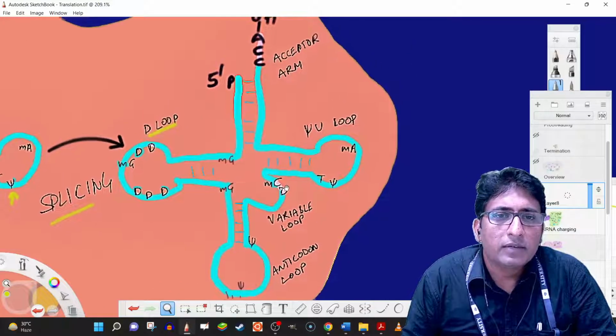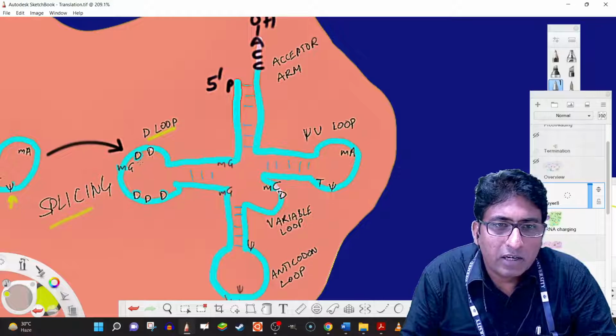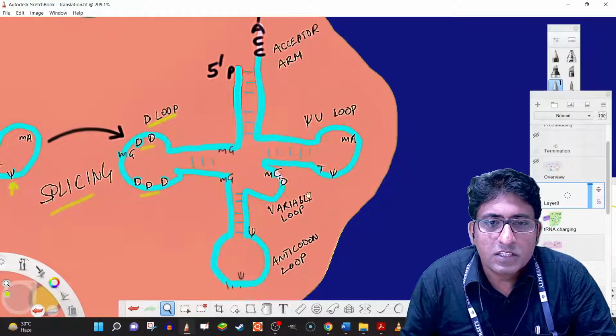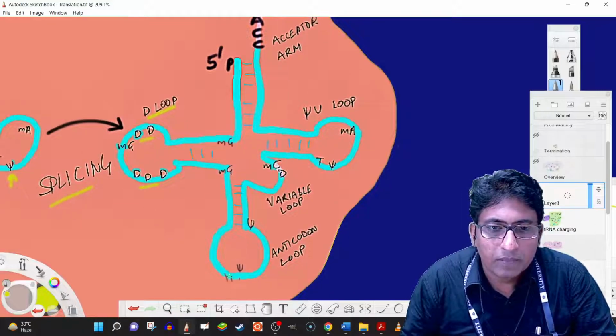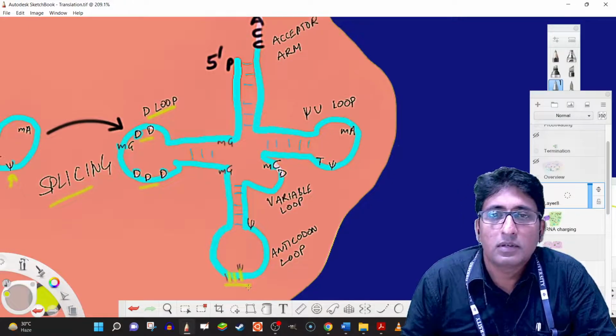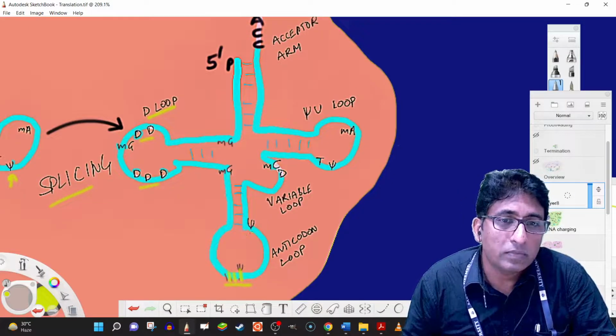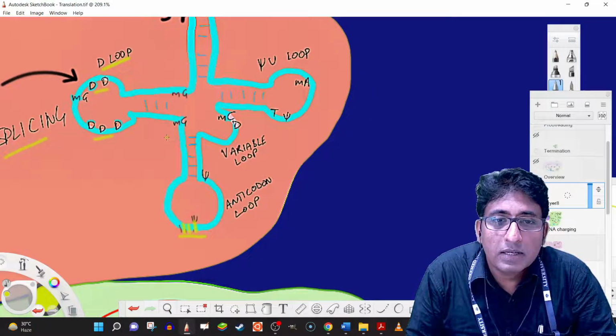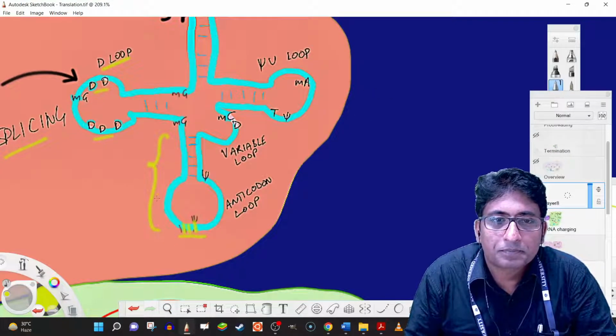Because we have a large number of dihydrouridines, we call it the D loop. And this is the location where the anticodon loop is present. This is where the anticodon is present, which is going to base pair with the codon. So we call this the anticodon loop.